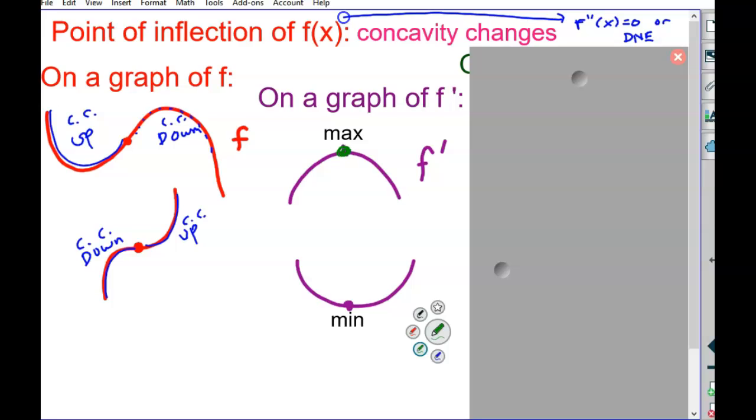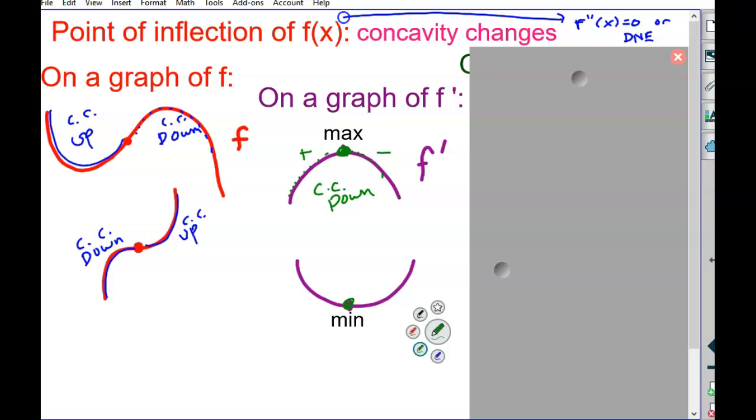If there's a maximum on the derivative, and I go from positive slopes to negative slopes, the first derivative is changing from positive to negative, that is going to be concave down. Now think of that. The only way I can have a maximum is if I am concave down. If I'm concave up, I can't have a maximum because points are going up.